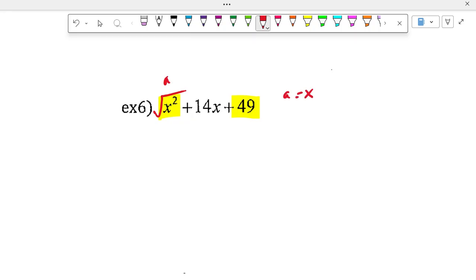X. Square root of the last term? 7. So, is 7 times x times 2 14x? Yep. So, if I factor this, what would it look like? X plus 7 all squared.